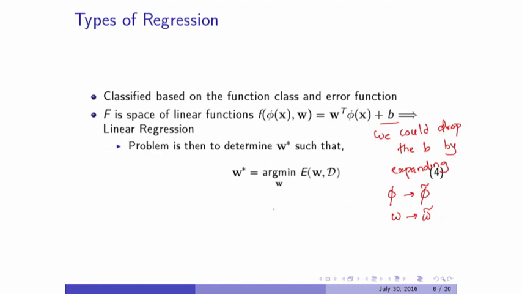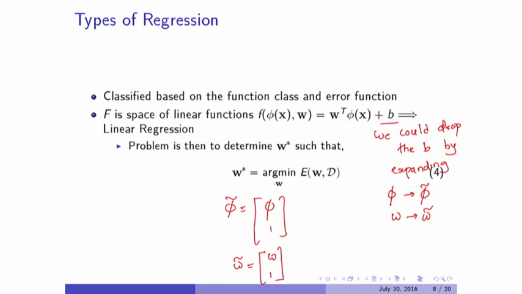Now what is this phi tilde? Phi tilde is nothing but phi, but with a 1 padded at the bottom. W tilde is nothing but w with a b padded at the bottom. So please get comfortable with both the use of b and the dropping of b.